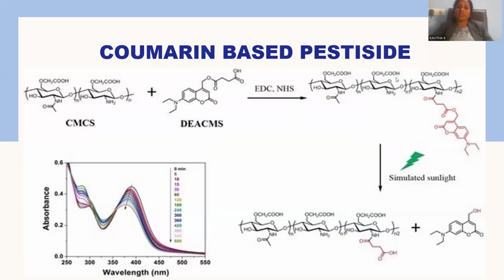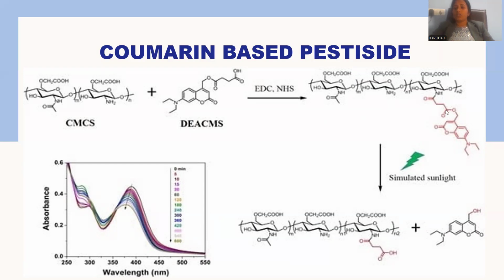Right, coumarin-based pesticides again. These many pesticides can be synthesized. CMCS is the kind of compound taken that can be treated with this coumarin-based compound. This is a coumarin-based compound we are having. Both are reacted together, giving rise to a polymeric chain. A very lengthy polymeric chain is generated. This is a 6-member ring system with the furanose, and this is the kind of coumarin nucleus which are combining together.